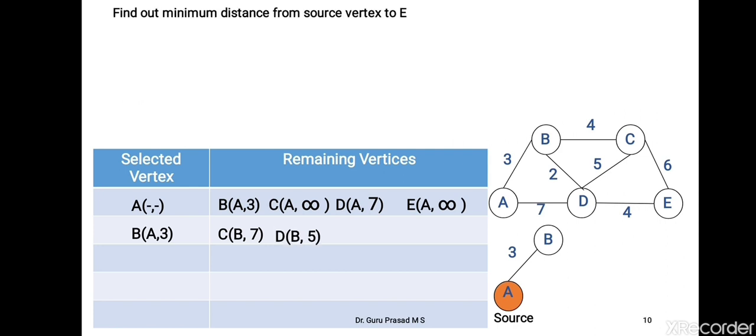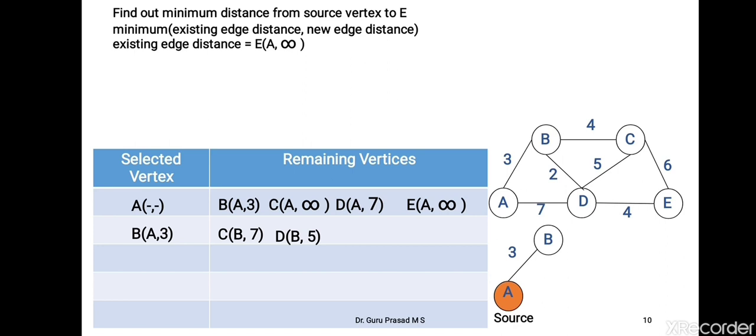Next, find the minimum distance from source vertex to E. The equation is minimum of existing edge distance comma new edge distance. The existing edge distance is E of A comma infinity, which I got from the first row.